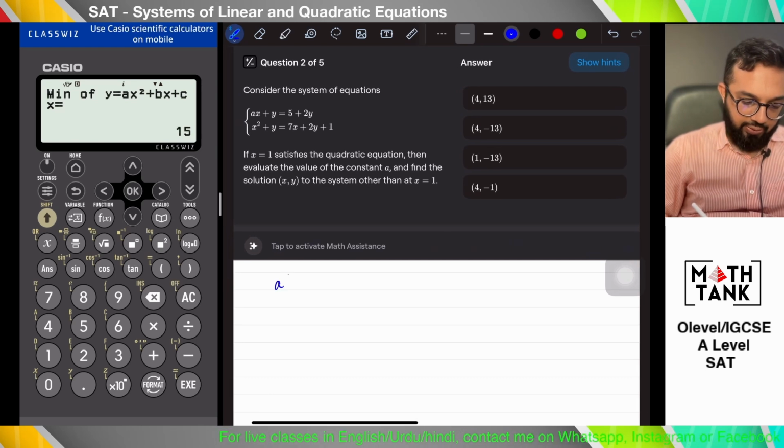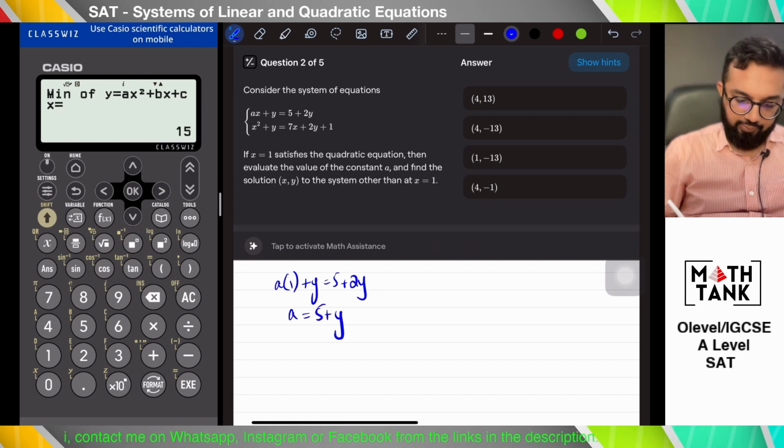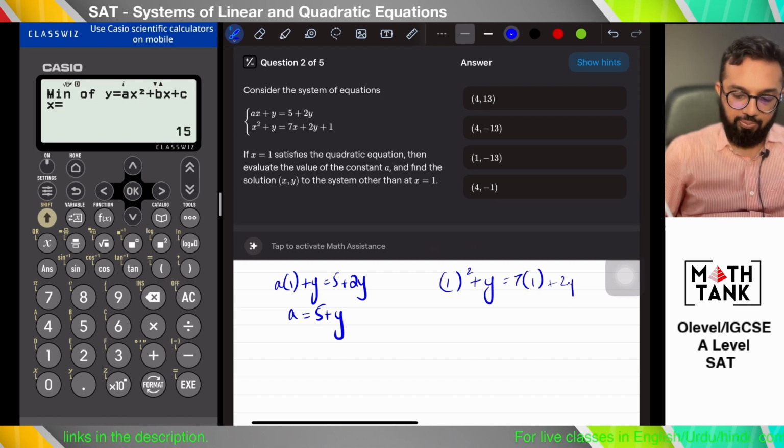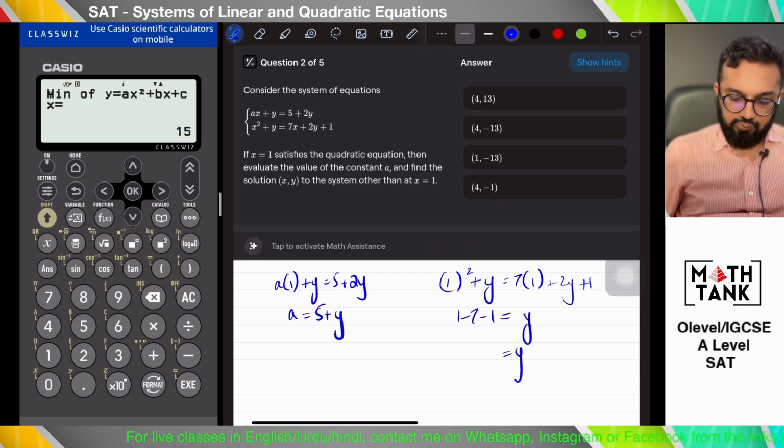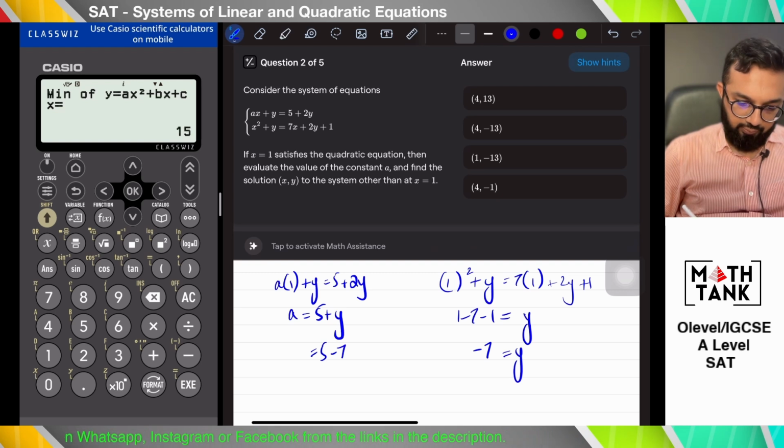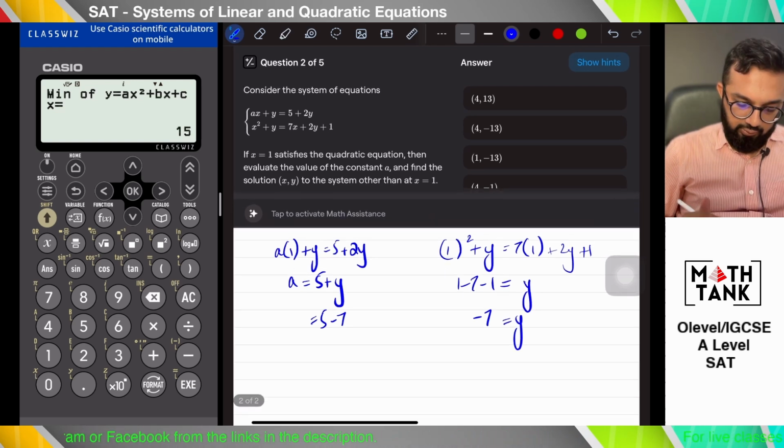So I'm going to first solve for x equals 1 and I get a equals 5 plus y. 1 square plus y is 7 times 1 plus 2y plus minus 7. So 5 minus 7 should give me minus 2.